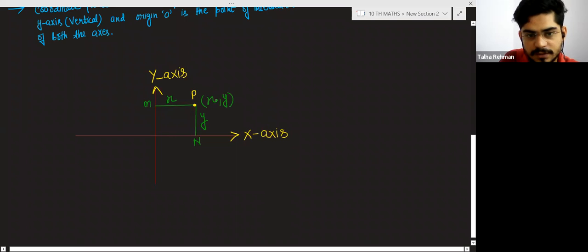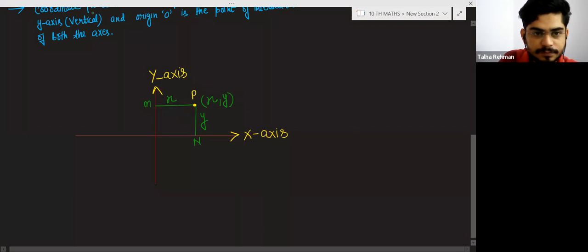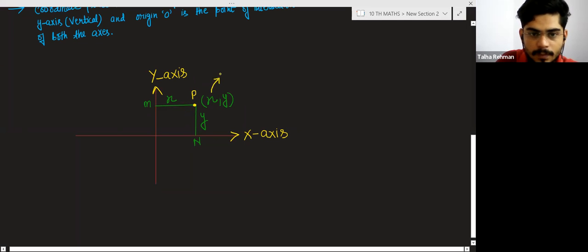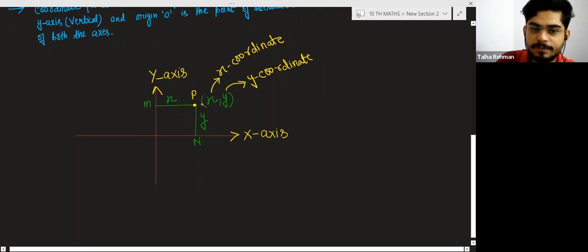This is the x coordinate of point P. This is the y coordinate of point P, and y coordinate is the distance between the point P and the x-axis.